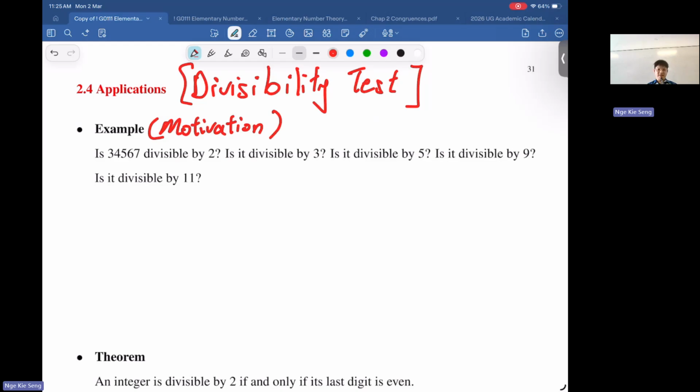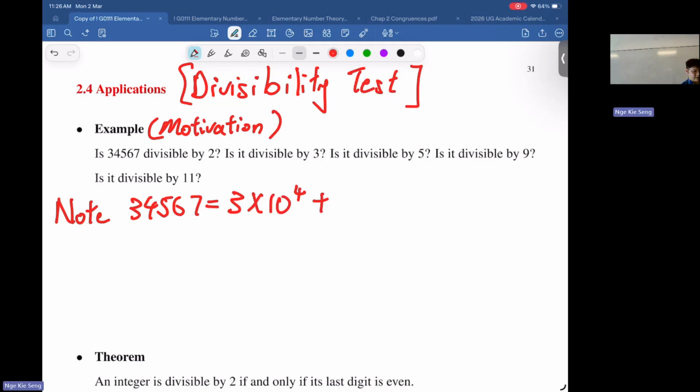Okay, so one decomposition is very important to see this without using a calculator. Note that you can write 34567 as a sum of 3 times 10 to the 4 plus 4 times 10 to the 3 plus 5 times 10 to the 2 plus 6 times 10 plus 7.